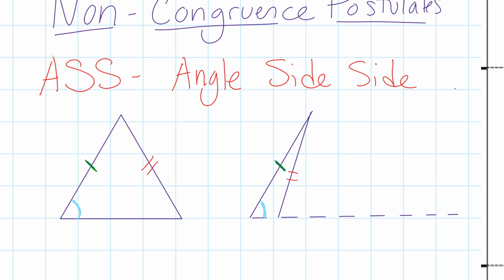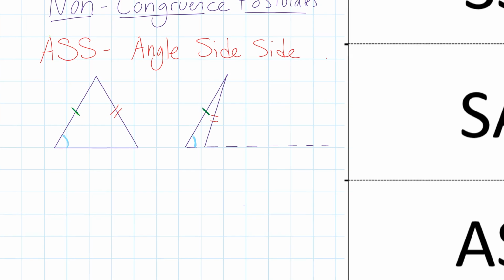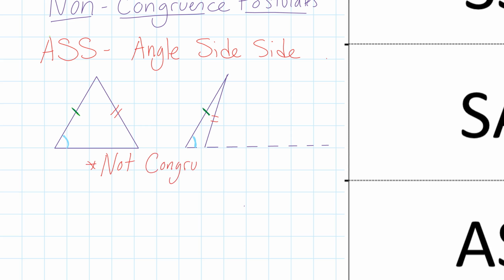It is. But are these triangles congruent? No. Look at that one. It's so much smaller. They're not congruent. But it still is ASS. ASS does not guarantee congruence. So that's why these 2 triangles are not congruent. There is not enough info.